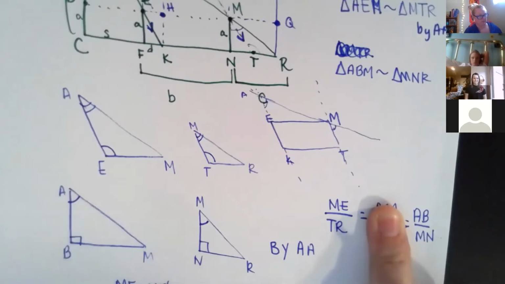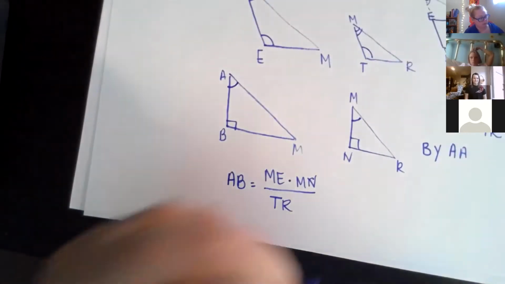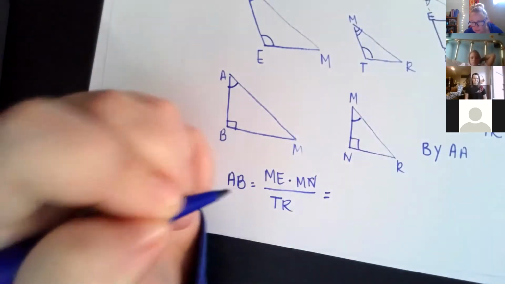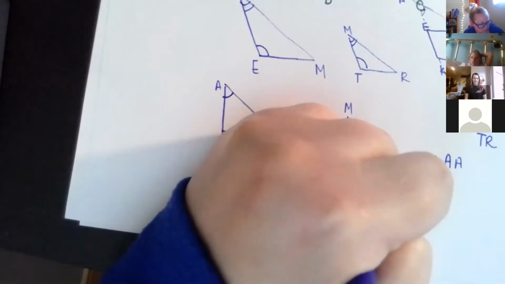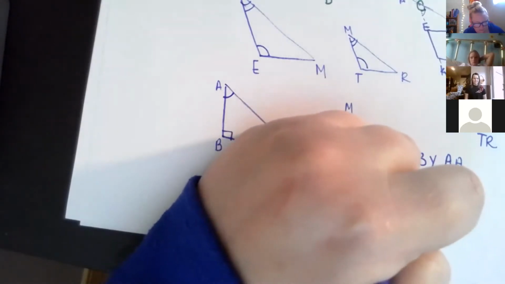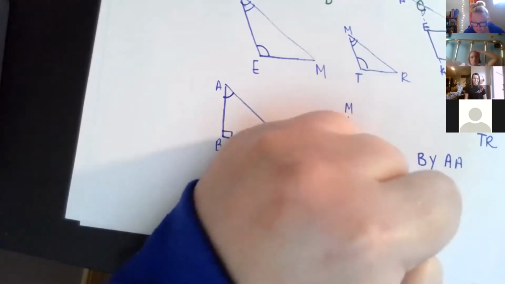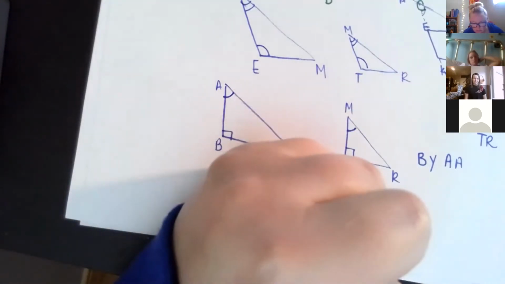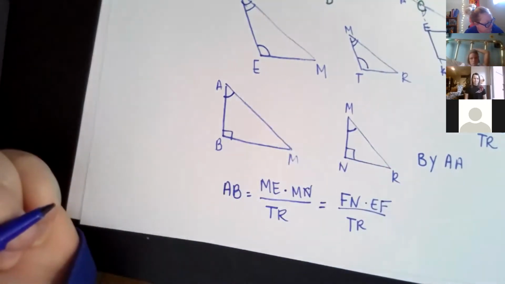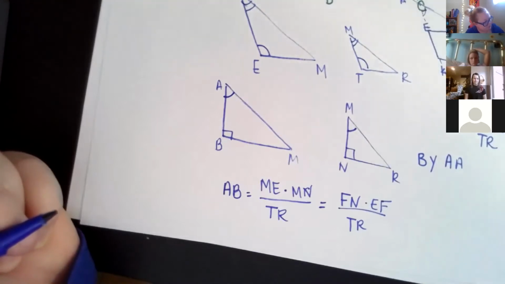Solving for AB. Then they somehow jump here to saying this is going to be equal to FN times EF over TR. Why? That's the part I don't get.